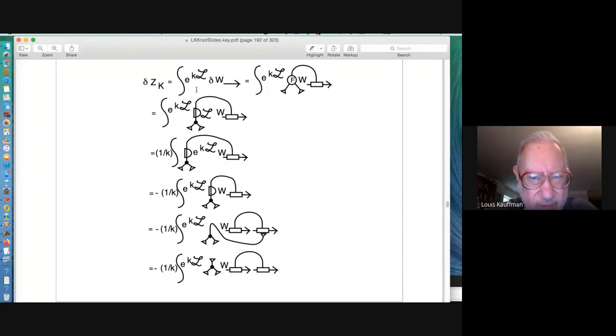This is a product of two factors, right? The exponentiated Lagrangian factor and the Wilson loop factor. But now the derivative is on the exponentiated Lagrangian. Now I do integration by parts. Change sign, put the integral back over on the Wilson loop. Now I'm differentiating the Wilson loop.